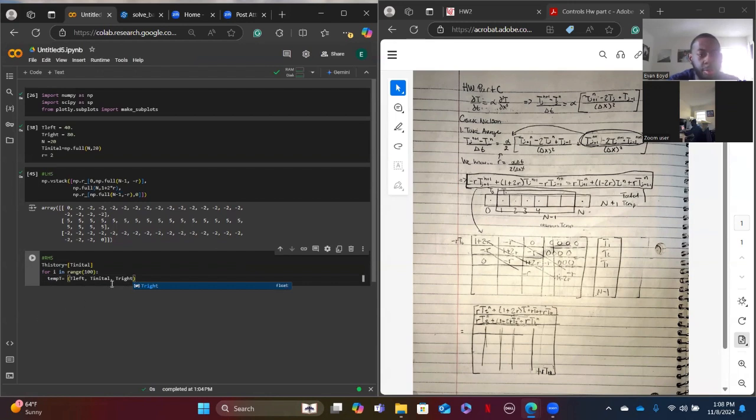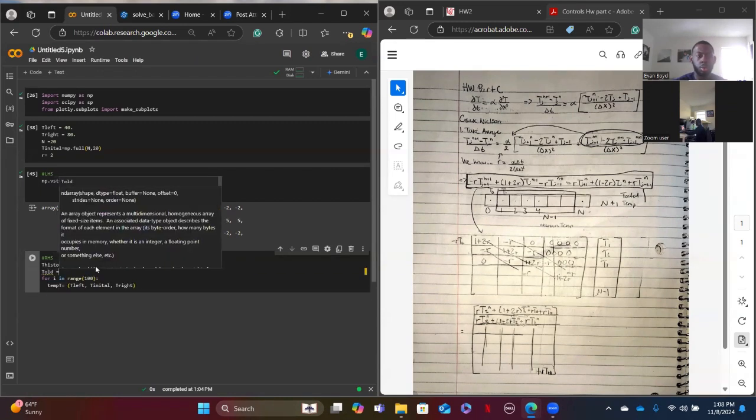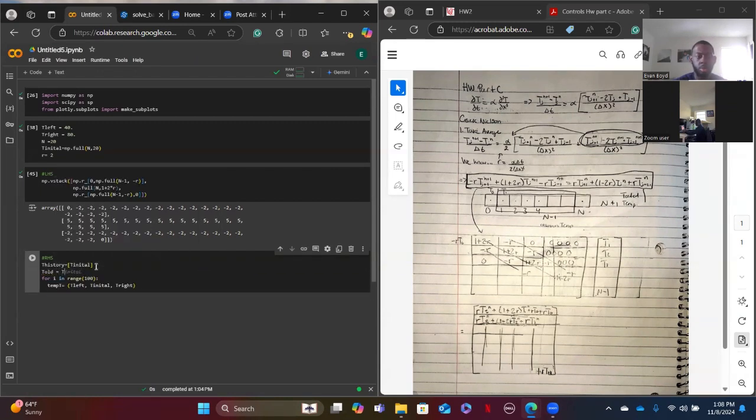Because we're using T initial a lot and don't want it to get confused with other stuff, we represent it as T old, our old temperature, because it will change over time. So we'll use T old in here.